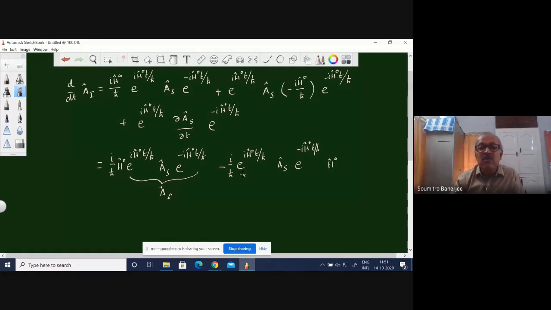And this term is also known. Plus here I have whatever was del A_S by del t, that is now, because of this, converted to the I representation. And these ones I know, these are A_I.